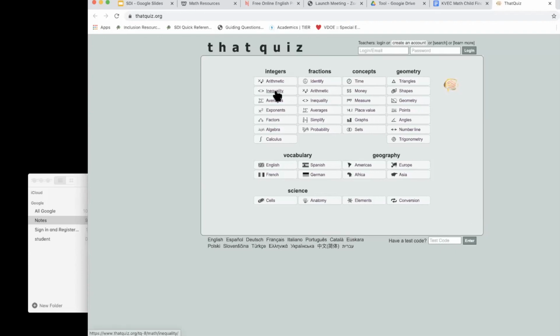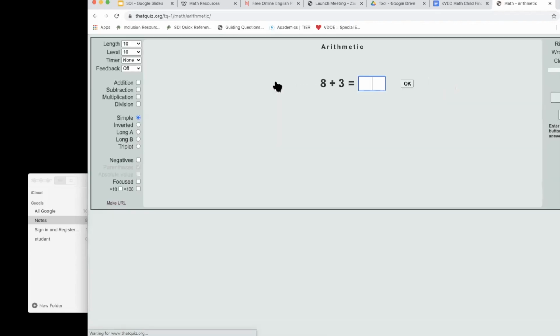So let's say that I want to look at, we're just going to do addition. At this point, I can do simple addition. I can do addition and subtraction, so I'm mixing it up. But let's say we're just going to do simple addition. I can look at long. I can look at inverted, where it's missing the addend. I can look at triple if I need to.